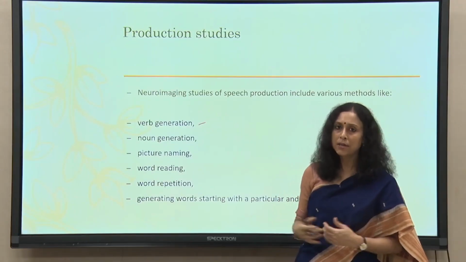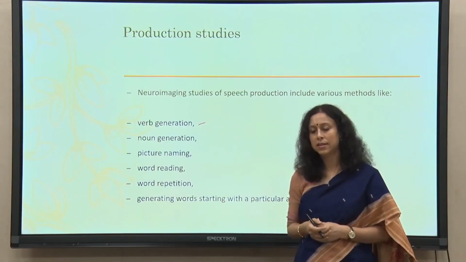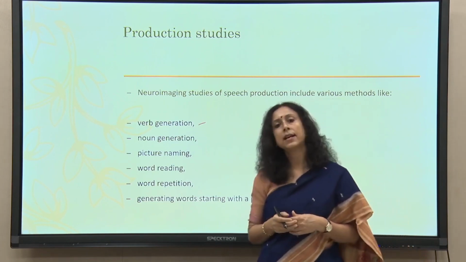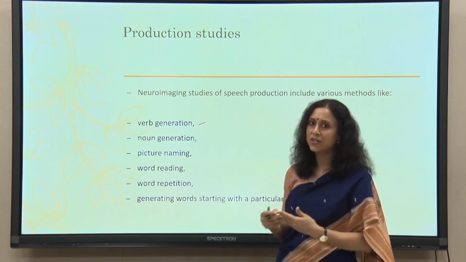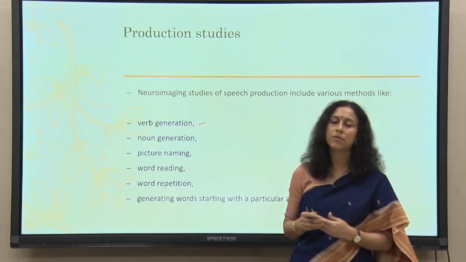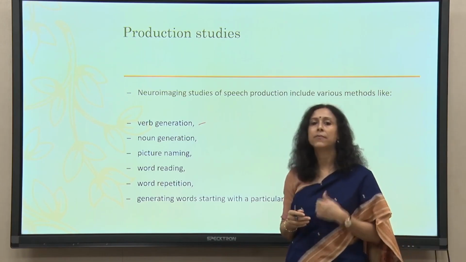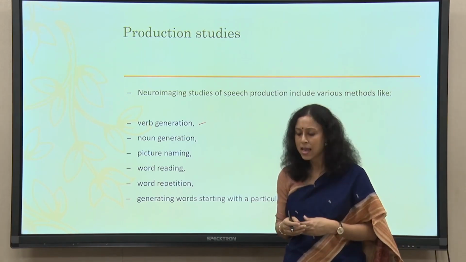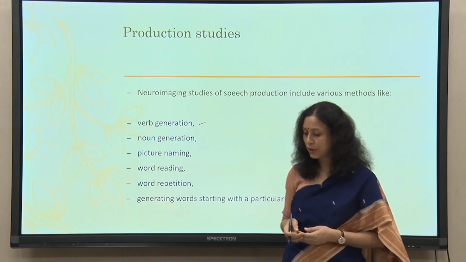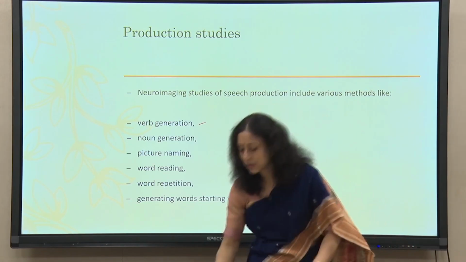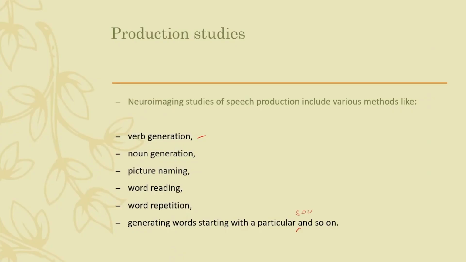So, there is a huge amount of data available in this research domain that has looked at various kinds of language producing structures. They have utilized verb naming versus object naming versus picture naming, and there is also generating words starting with a particular sound, so it can be the sound ba or ga and so on. Simultaneously, there will be a neuroimaging study that is part of this paradigm.